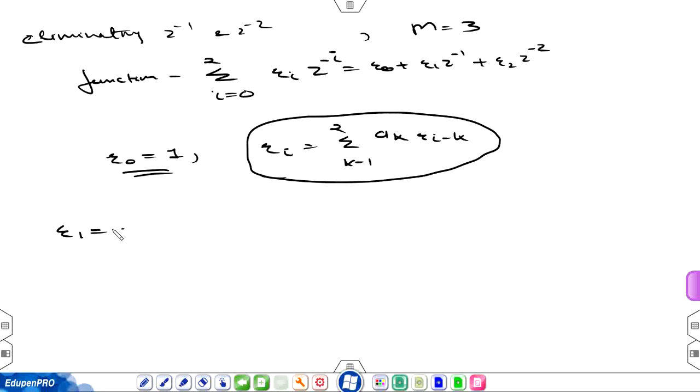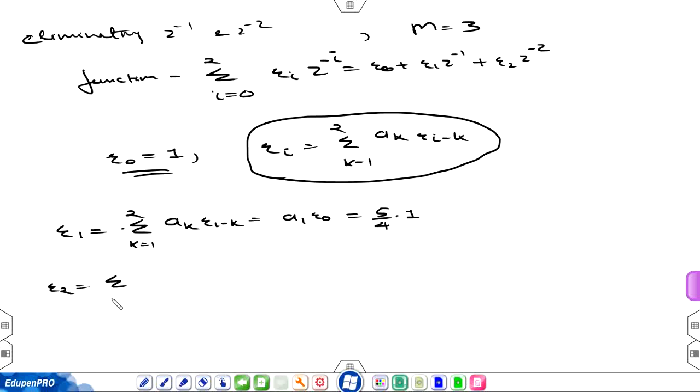So r_1 is summation k equal to 1 to 2 a_k r_(1-k), that is a1 r_0. The next term will be negative index, so that will be 0, and this is 5 by 4 into 1.